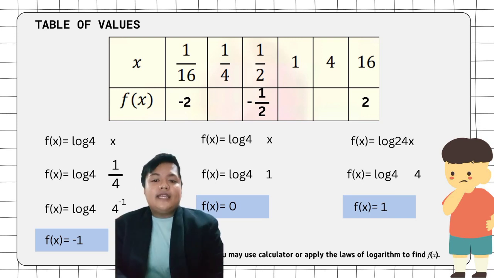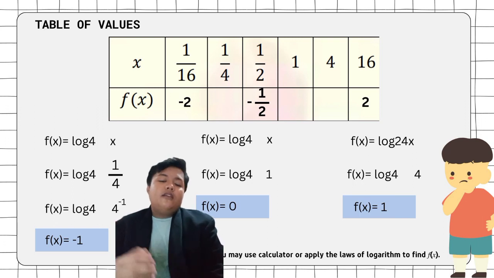So, first example is f of x is equal to log x base 4. So, f of x is equal to log 1/4 base 4. Then, f of x is equal to log 4 raised to negative 1 base 4.